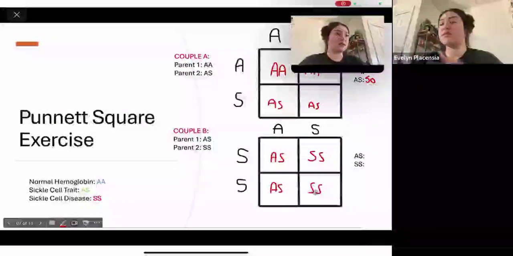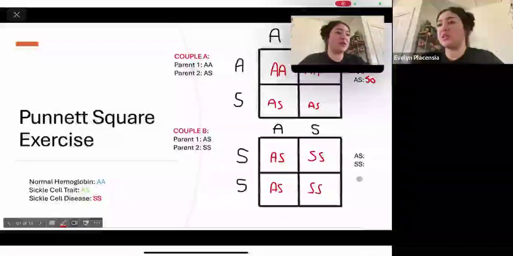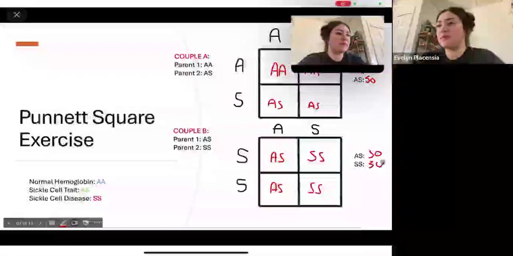50% chance. This is another 50-50 situation, but the difference is they don't have a single possibility of their child having normal hemoglobin. Regardless, they're going to have some sort of sickle cell in there, whether that be the trait or the disease. That's supposed to be 50-50, by the way.